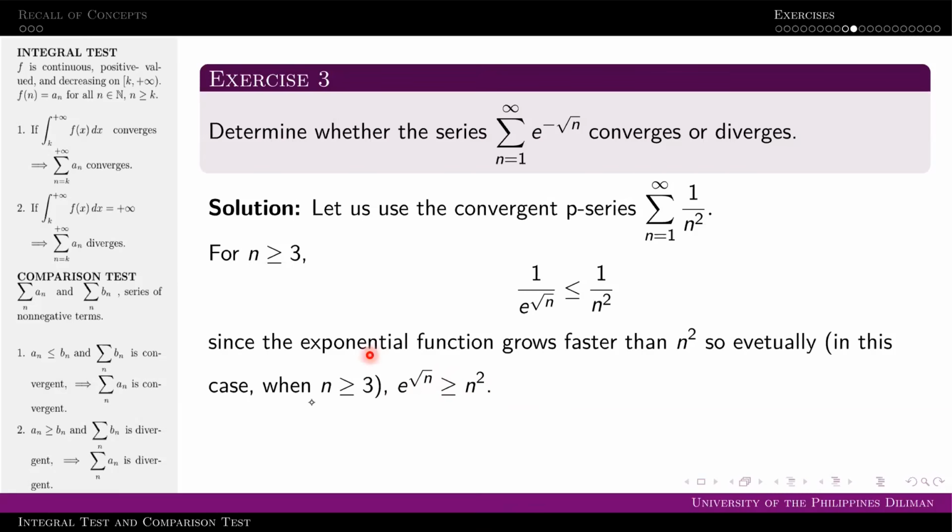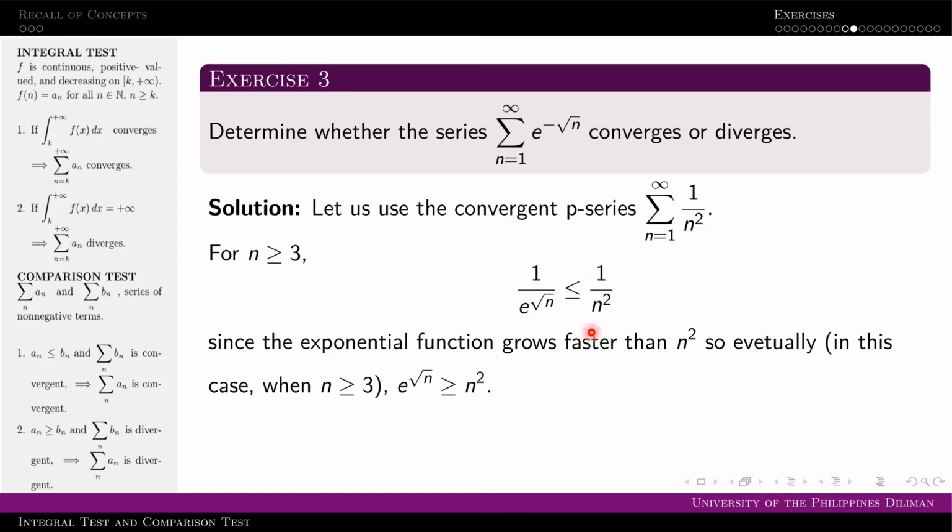And this time, at n greater than or equal to 3, mas malaki na siya compared kay n squared. So, we have the following inequality after taking the reciprocal. So, we have 1 over n squared greater than or equal to 1 over e to the square root of n.